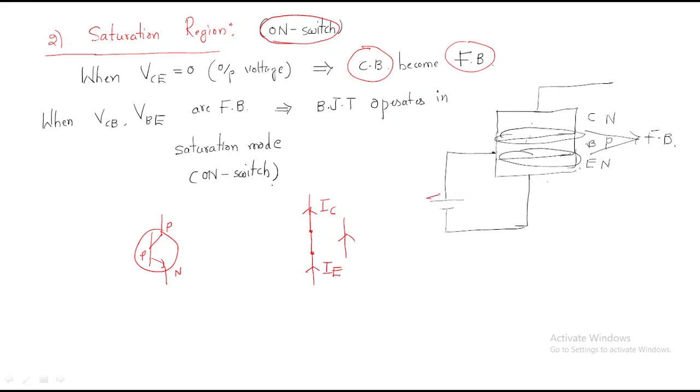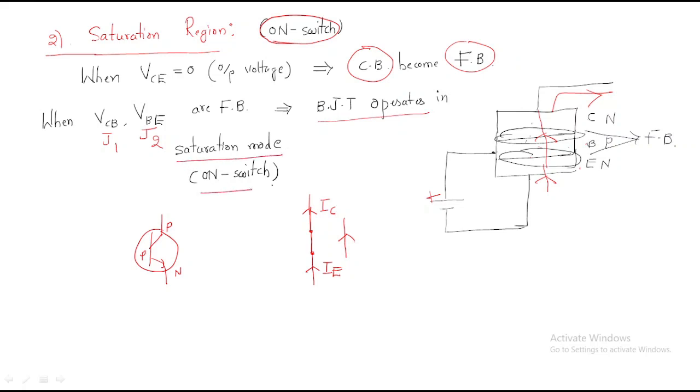We are giving the positive terminal here, so automatically this junction will be forward biased and this one will also be forward biased. Both are forward biased, and current will be supplied from these two junctions to the collector. Only when VCB and VBE are both forward biased does the BJT operate in saturation mode.